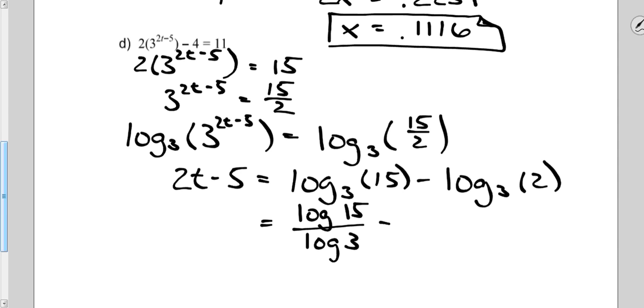No, you're going to get the same answer because log base 3 of 2 is going to be the same whether you choose to change it to a common log or a natural log. And if you don't believe me, punch it in. Do common log of 2 divided by common log of 3. What do you get? Log base 10.